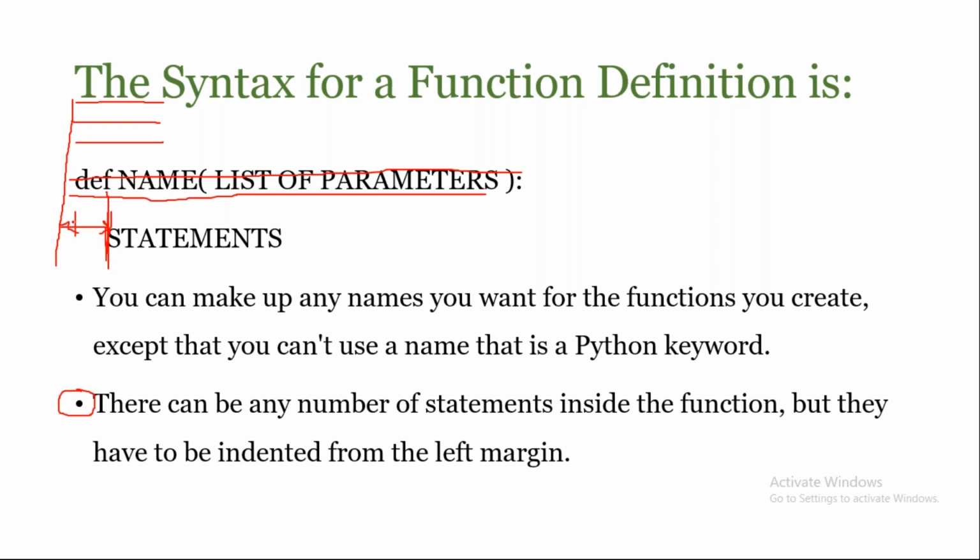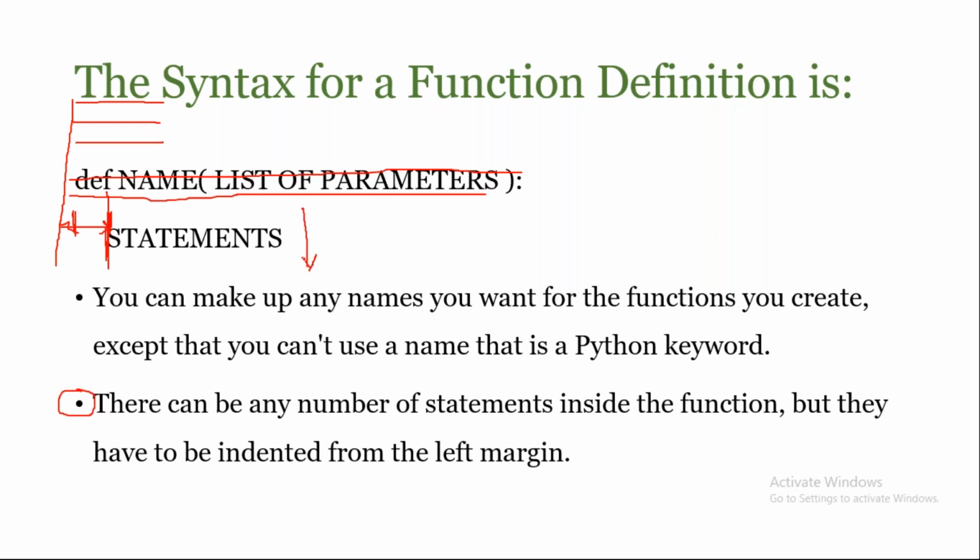It will not put you at the earlier position because after this colon Python understands that you are going to write the logic of a function. Since you are going to write the logic of a function, it's incorrect syntax to start from here, because then Python will not understand that you are defining a function. Only if you put the logic of the function with this indentation will Python understand very clearly that this is the definition of the function and this is the logic of the function.